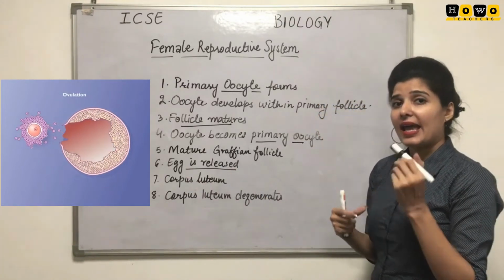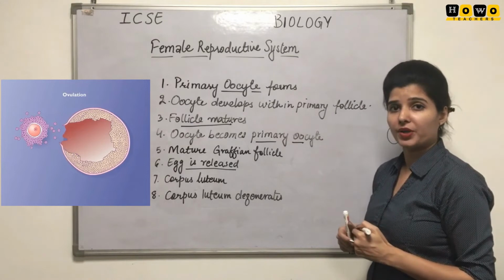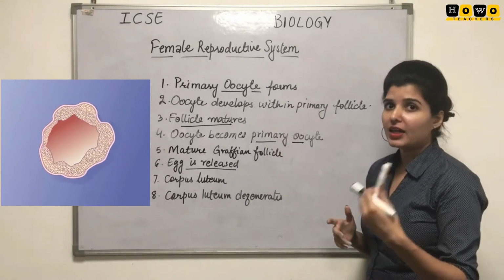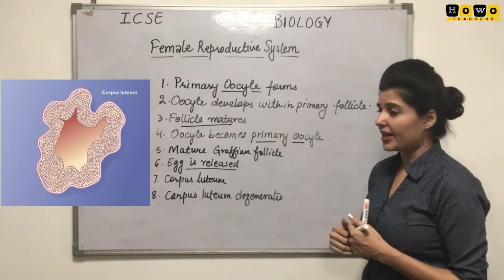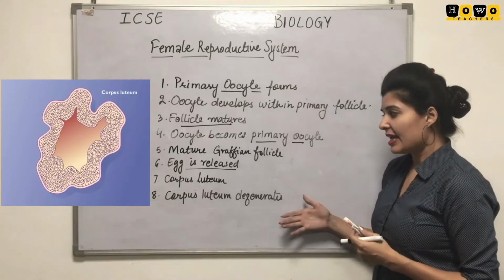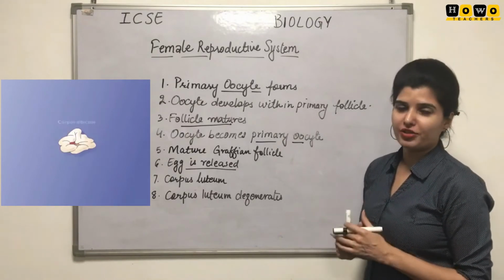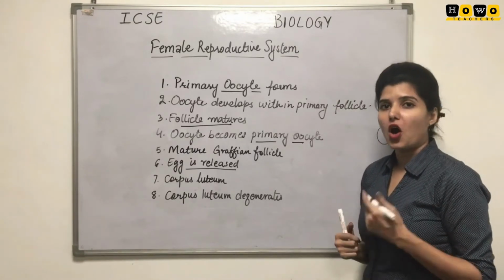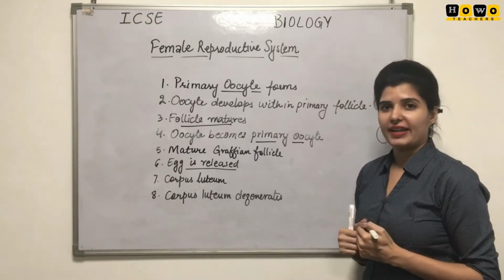After that, the egg moves towards the fallopian tube, but the ruptured Graafian follicle continues to degenerate. Firstly, it forms the corpus luteum and then the corpus luteum also degenerates. So these are the steps in the production of an ovum or egg.